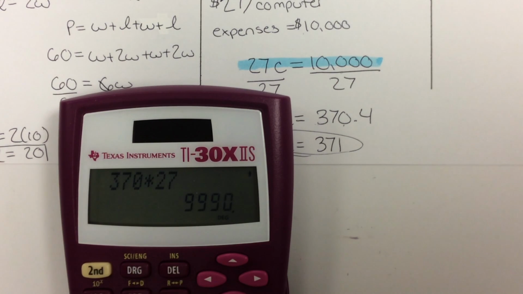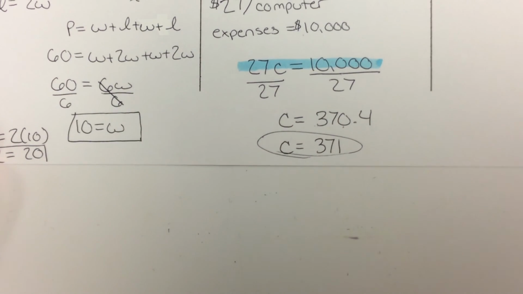So he comes in under his monthly expenses and therefore doesn't make a profit. But if we do 371 times 27, oh hey look, $10,017. Okay, so that is a profit because it's $17 above his expenses. Okay, so that is a plausible answer for us.